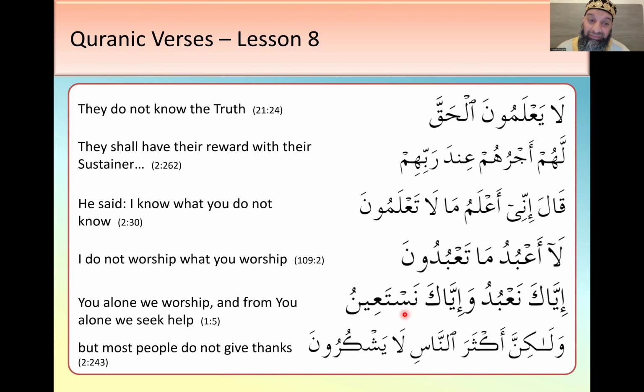Nasta'een, yes. Like istikhara, right? Just for the people who want to know, the seen of istikhara, yeah, it's that same one, seeking khair, yeah? Istighatha, seeking rain, yeah? Isti'ana, seeking help. So the seen has an effect of seeking something.